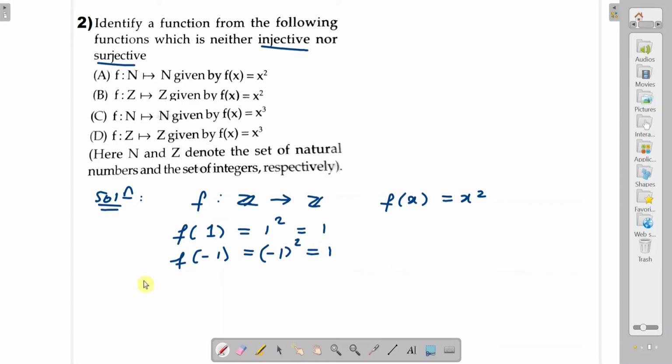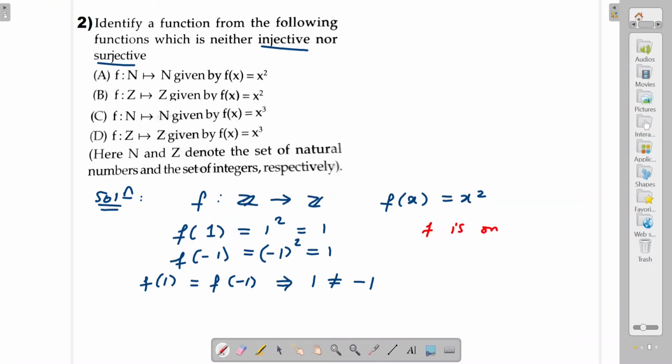So what you are getting is f of 1 is equal to f of minus 1, and that is implying what, that 1 is not equal to minus 1. In the domain you are taking different values, 1 and minus 1, but the function values are equal. What is the 1-1 function?